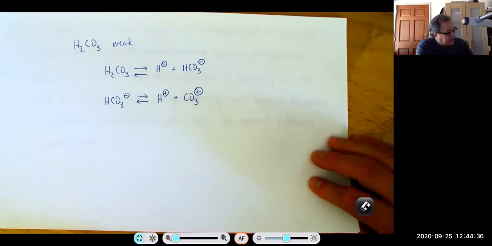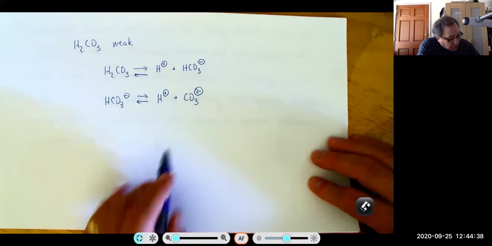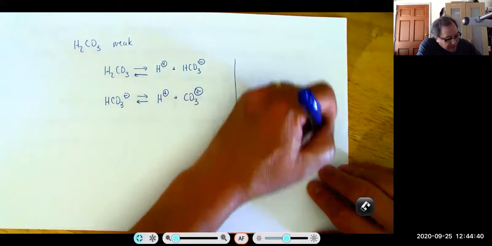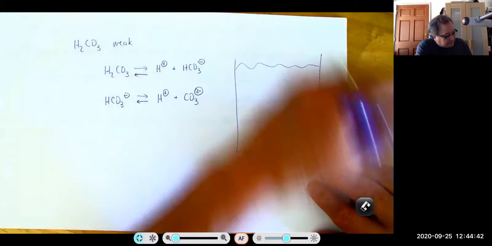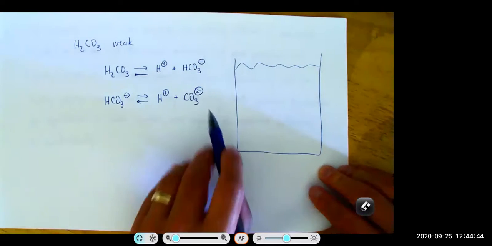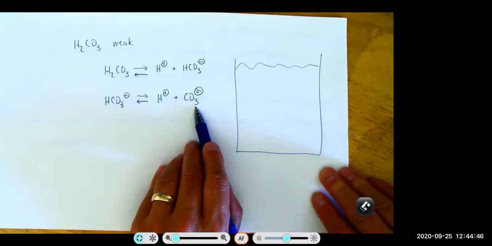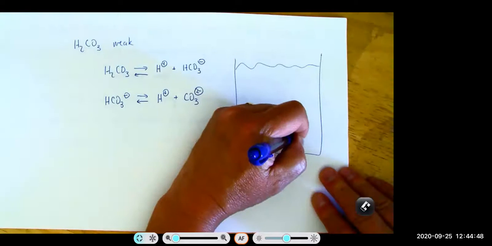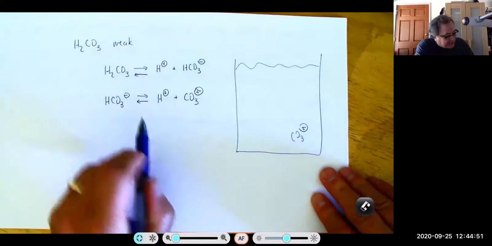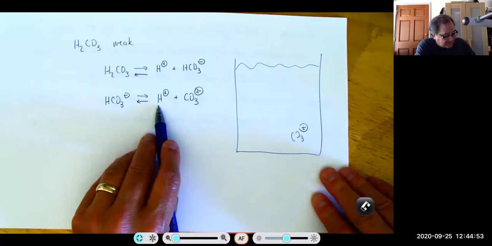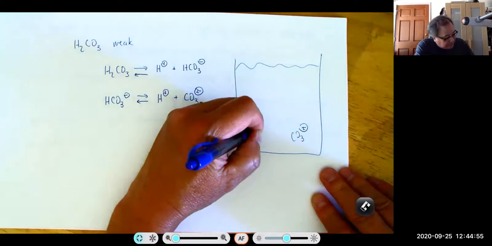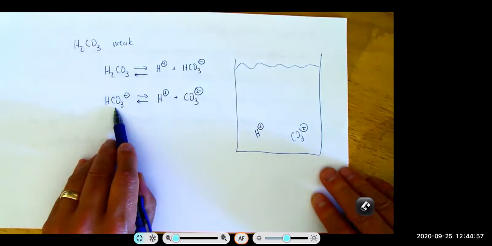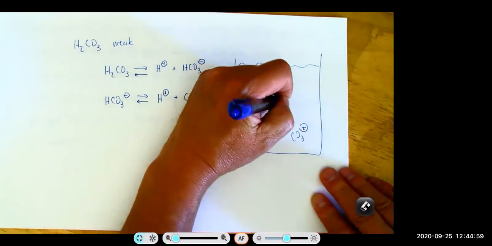Okay. So if we draw a little glass over here, what do we actually see in the water? Do we see any of this? Yes. Do we see any of this? You should see all three, right?